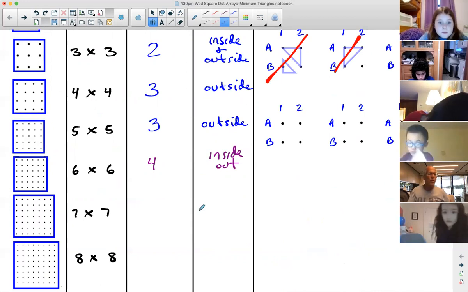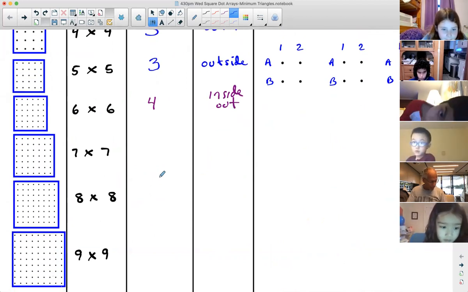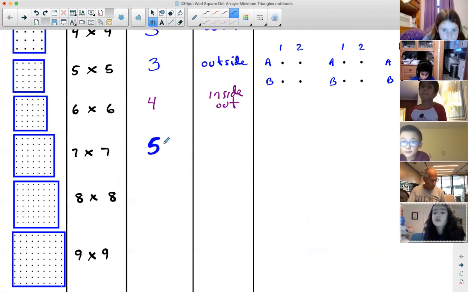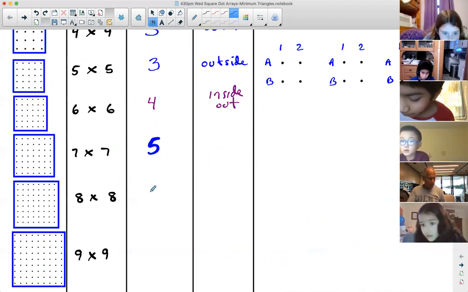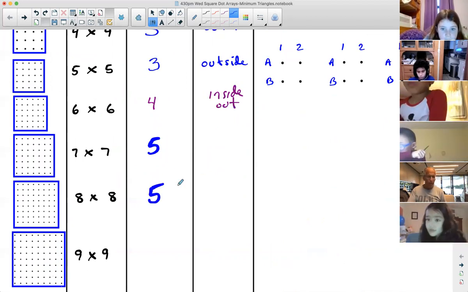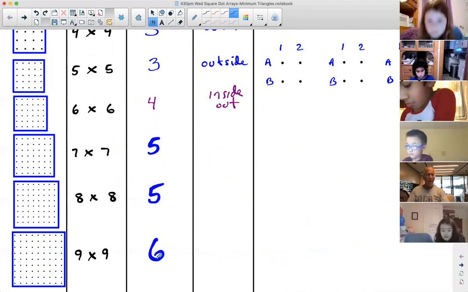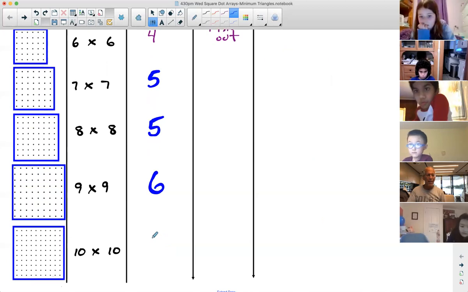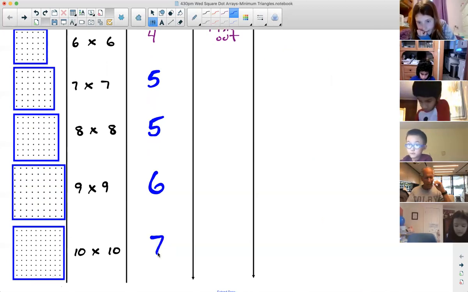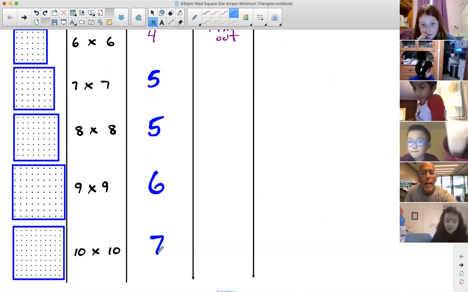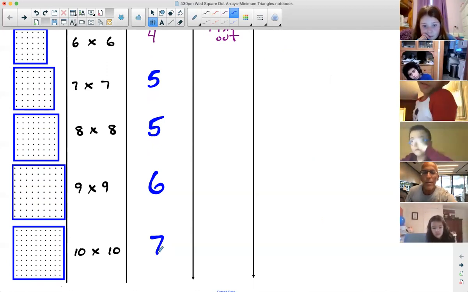I'm gonna give you the solutions that I came up with this week, and I want you to try them. For the 7x7, 5 triangles. For the 8x8, 5. For the 9x9, 6. And for the 10x10, 7. And I would like you guys to try to find all of these.